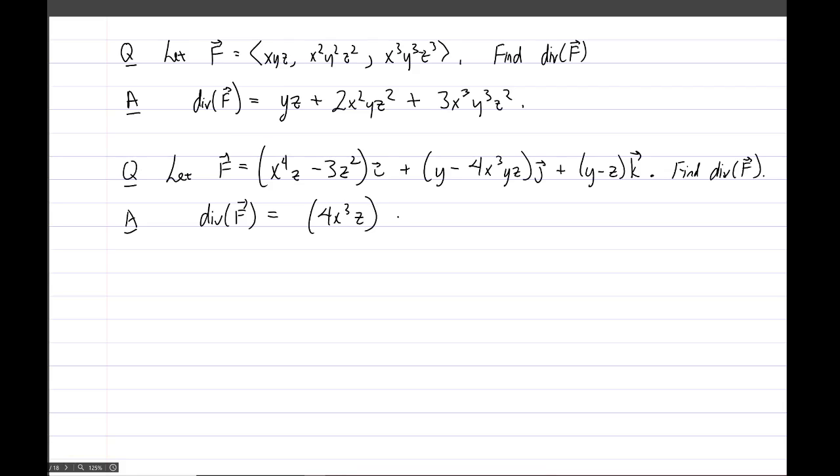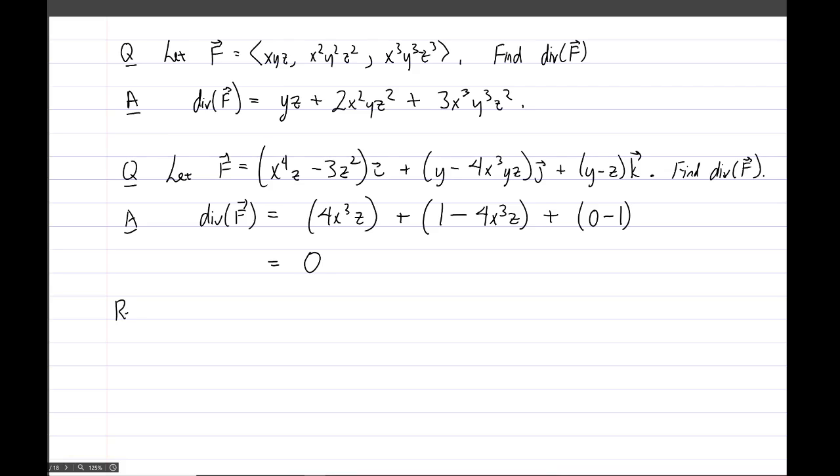Then the j component, we need to differentiate with respect to y, and we'll get 1 minus 4x cubed z, plus finally the third component, y minus z, we need to differentiate that with respect to z, and we're going to get 0 minus 1 for that. Again, what we have is a scalar. Let's clean up this scalar a little bit. You'll notice 4x cubed z cancels with 4x cubed z, and we have a plus 1 and a minus 1. We actually end up, folks, with the scalar 0 for this.